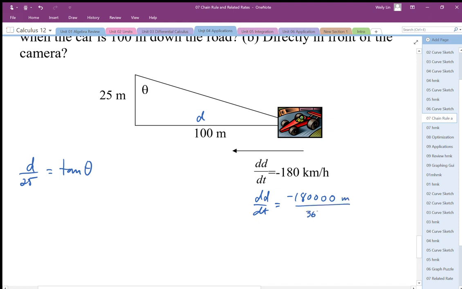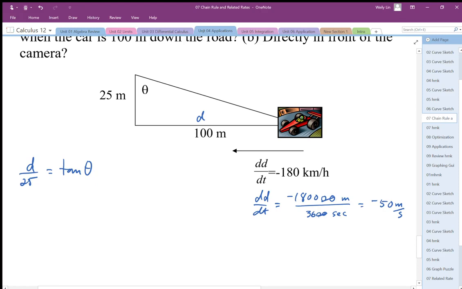There's 3,600 seconds in an hour. So simplifying that, it's going to be 1800 over 36. Okay, so it's going to be negative 50 meters per second. Okay, I think that's right.